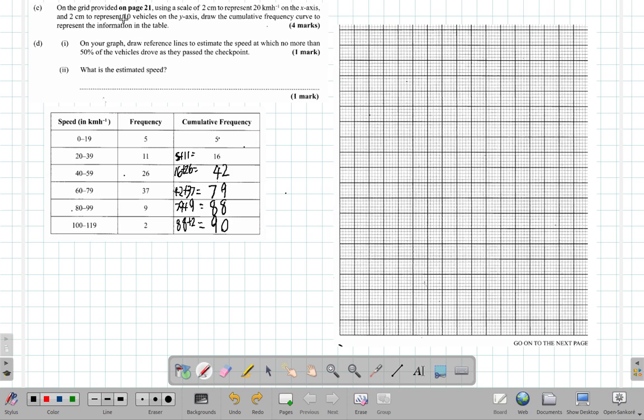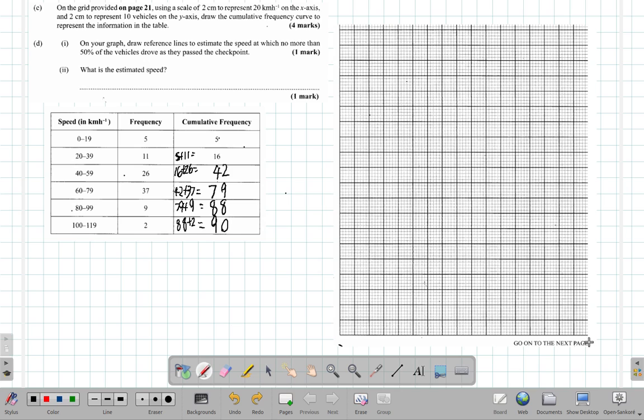Now the question says, on the grid provided on page 21, it's this graph paper which I had copied, using a scale of 2 centimeters to represent 20 kilometers per hour on the x-axis.